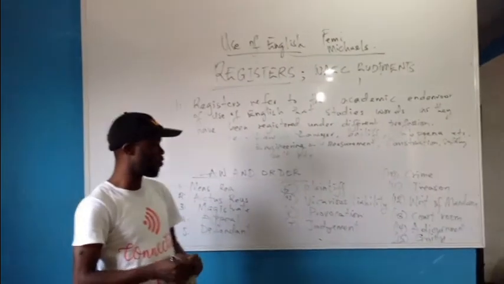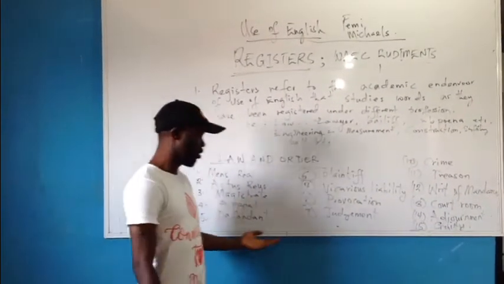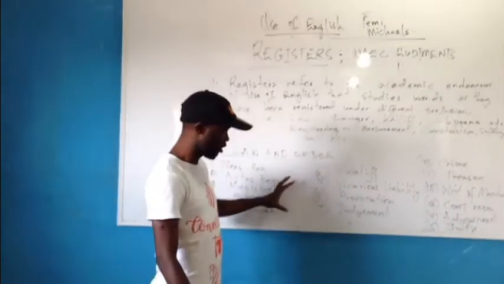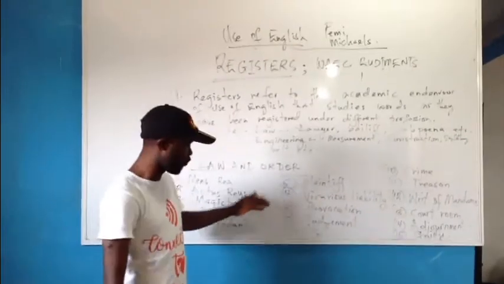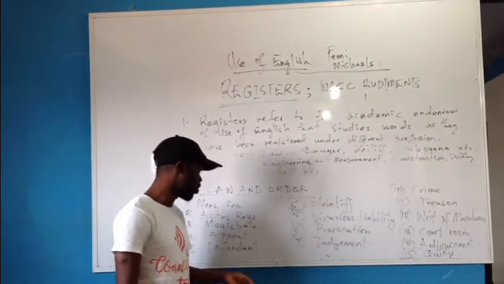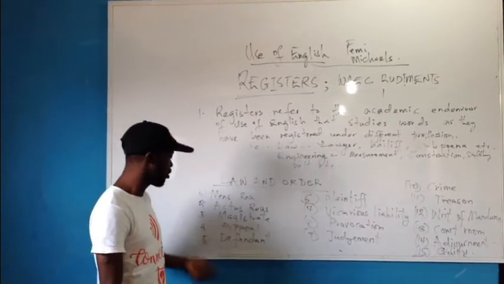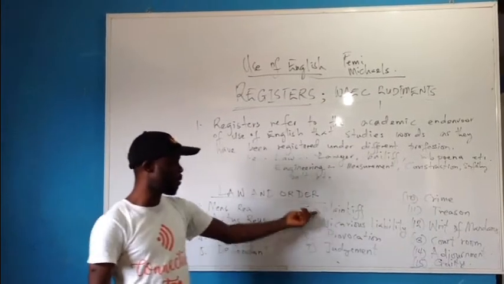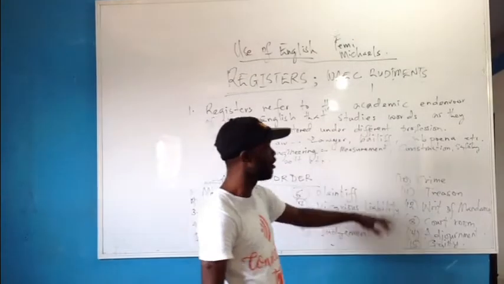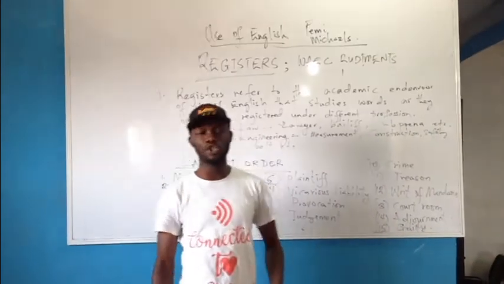Quickly look at these. I have a few words, about 15 of them. These are very basic. In some advanced classes like your UTME or A-level exams, there are much more advanced words than these. If you go through your past questions, you will most likely see these words that are put on the board: mens rea, actus reus, magistrate, appeal, defendant, plaintiff, vicarious liability, provocation, judgment, crime, treason, writ of mandamus, courtroom, adjournment, and guilty.